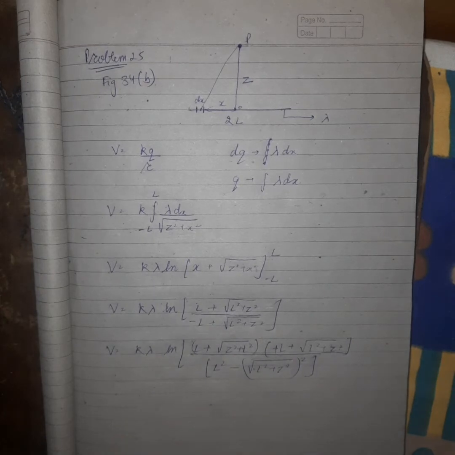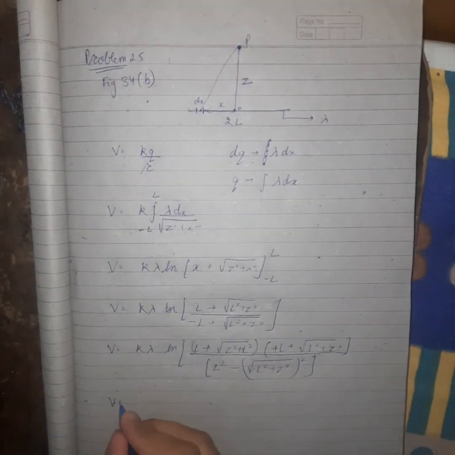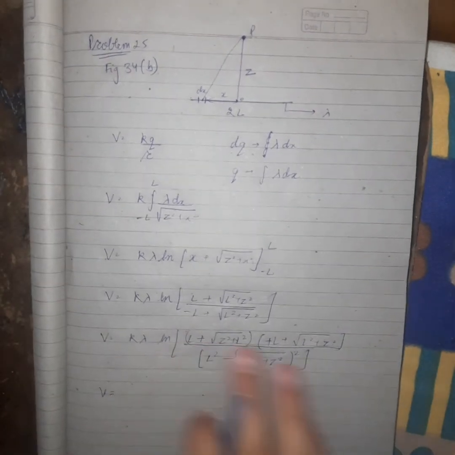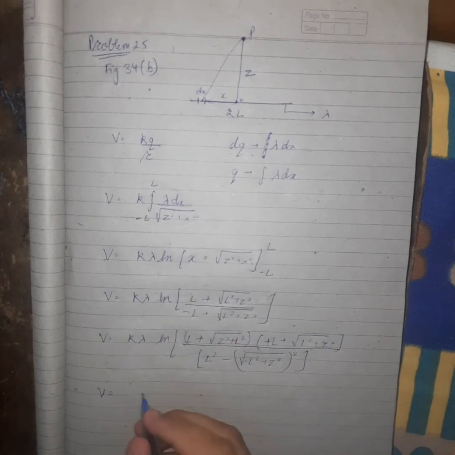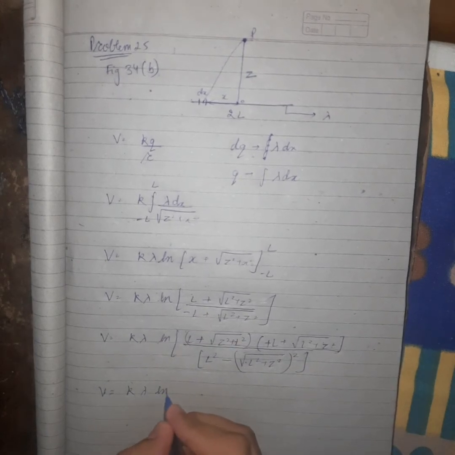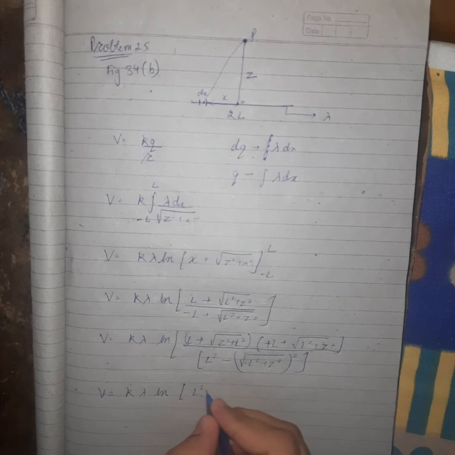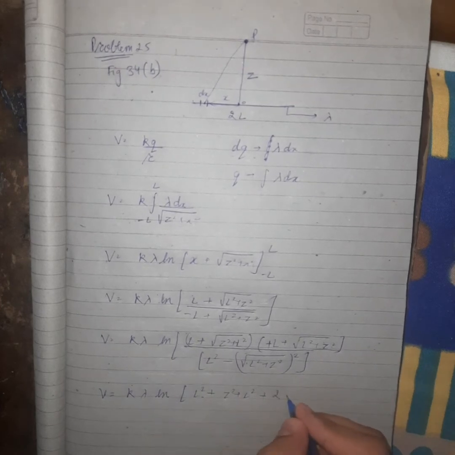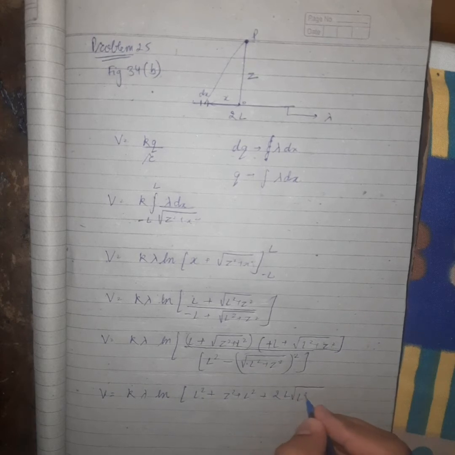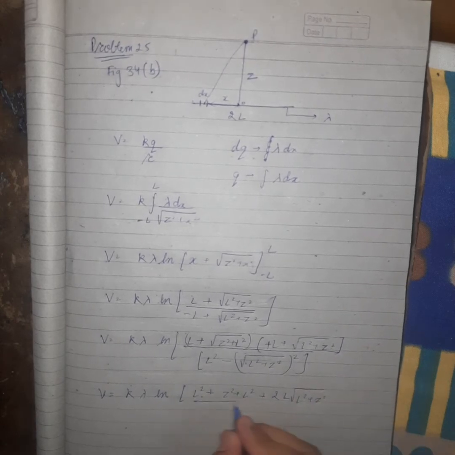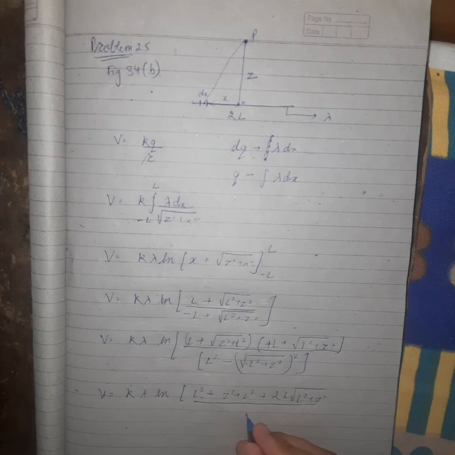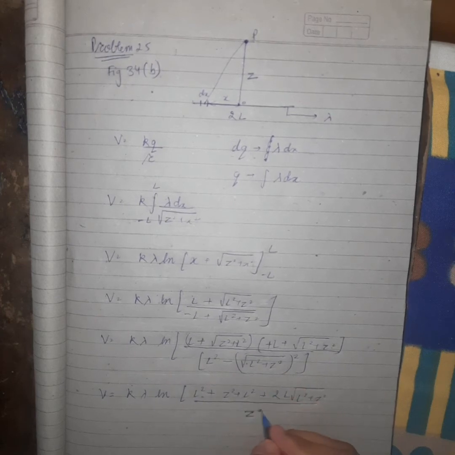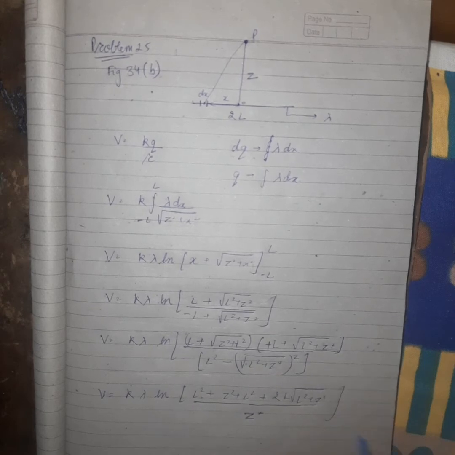So V comes out to be k lambda ln of L square plus z square plus L square plus 2L under root L square plus z square, upon z square.